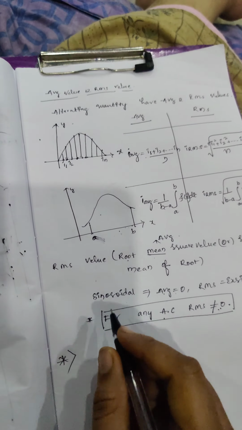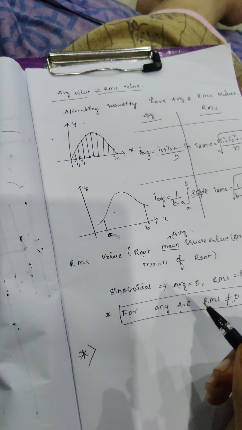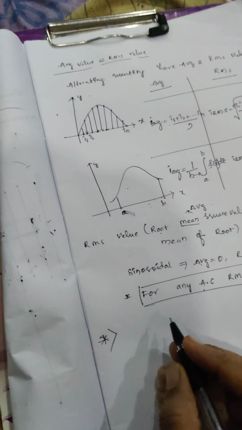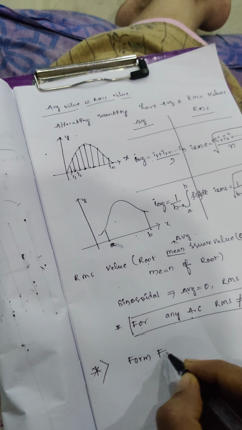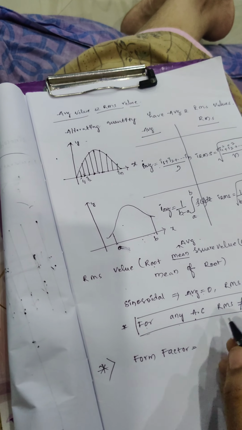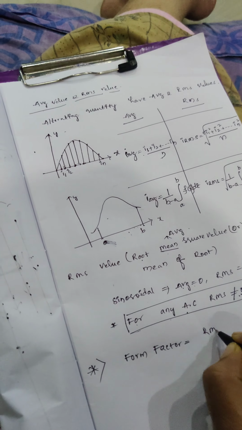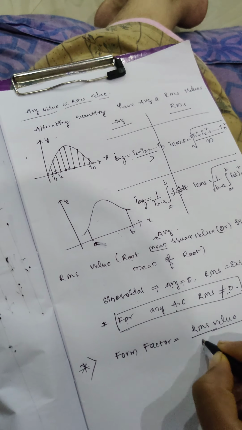Based on these two, average value and RMS value, I am also going to define two factors which will be very useful. That is form factor equals RMS value by average value.